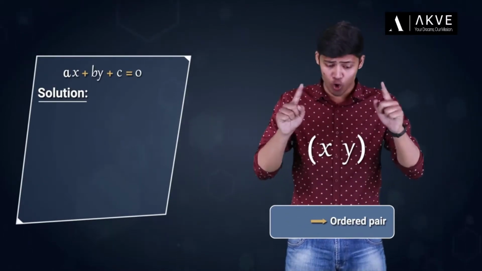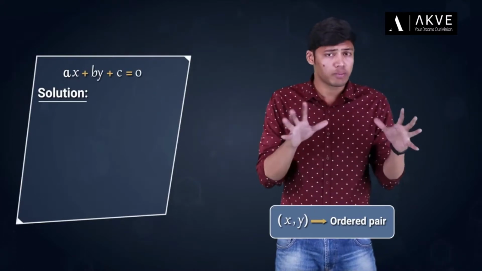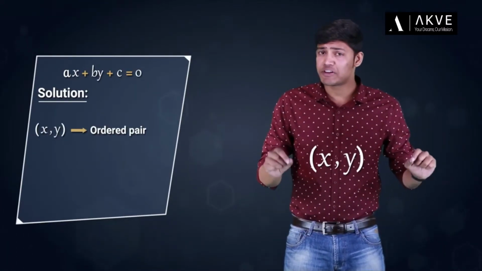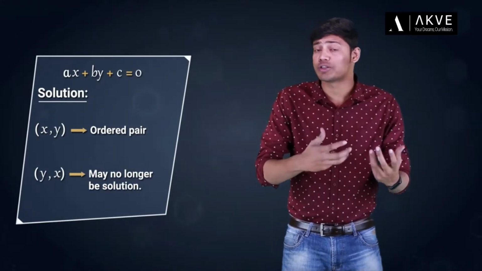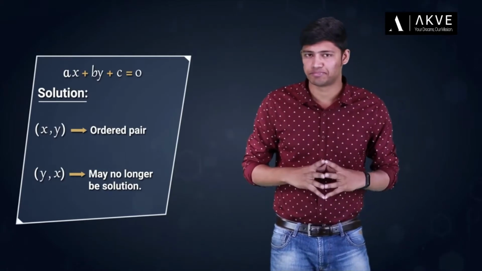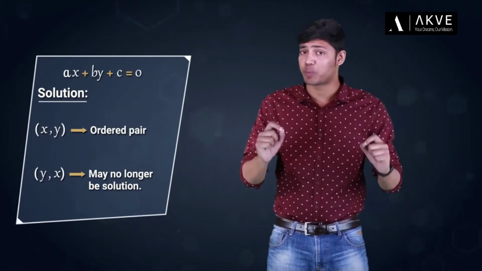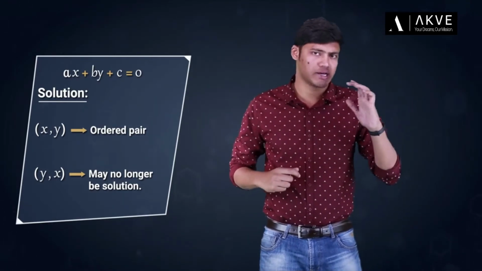We write them in open brackets or parentheses separated by comma. Also remember that the order in which we write them is very important. If we change the order, then the ordered pair may no longer be a solution to the linear equation. Now let's understand why the order is very important in writing the ordered pair. Let's consider an equation to understand this.